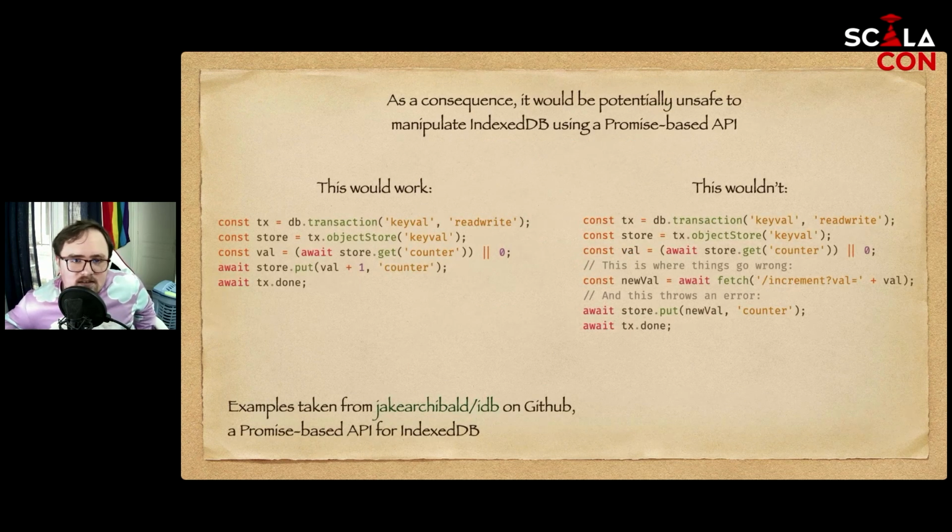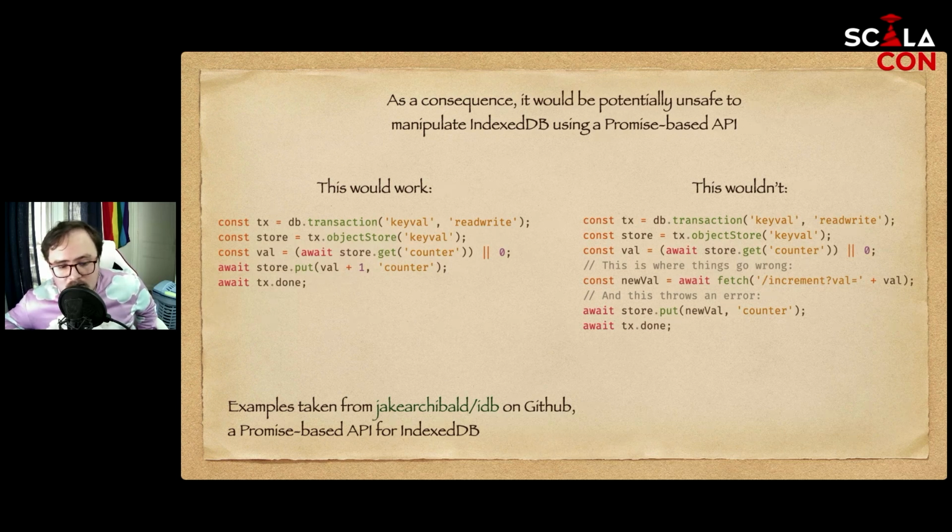As a consequence, it will be potentially unsafe to manipulate IndexedDB using a promise-based API. So this is an existing library that wraps all IndexedDB operations inside promises. It is possible to do it, and in most cases, it will look a lot nicer.